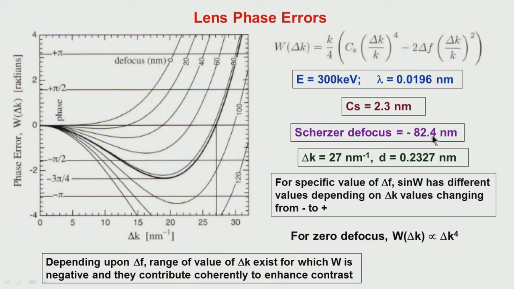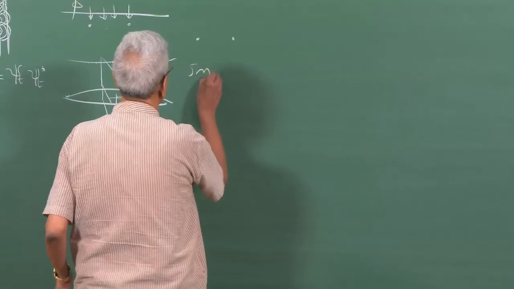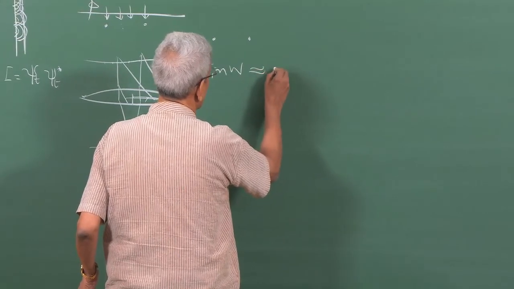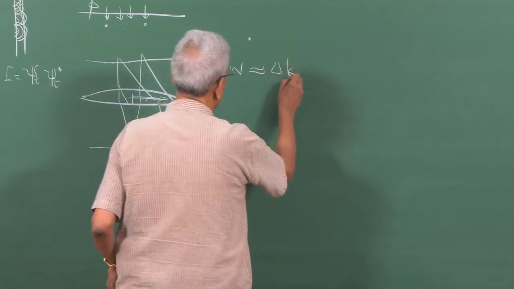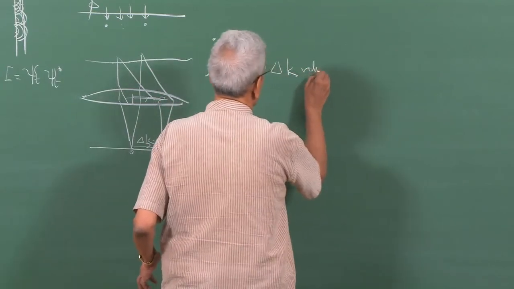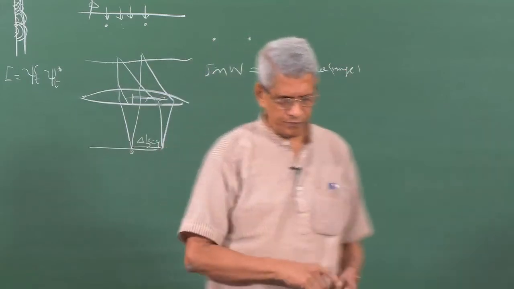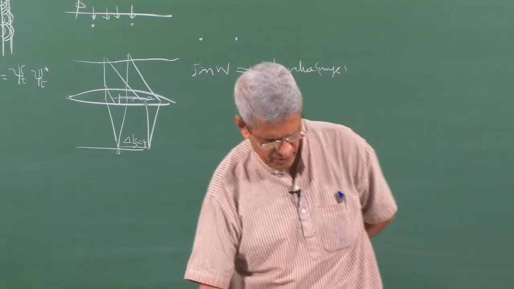This is called the Scherzer defocus, where over a range of values closer to it, the effect of the phase error on sin W is very small. So, the sin value turns out to be nearly the same for a range of delta k values. This we will come to in a short while.